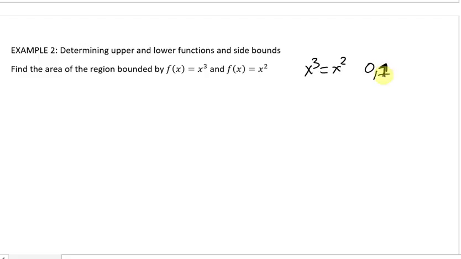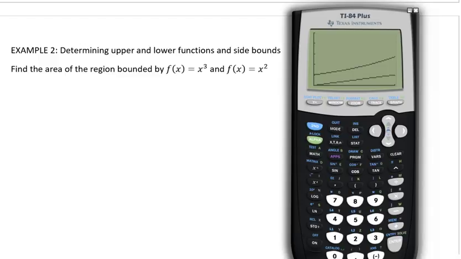Well, let's graph it, see what it looks like. So y equals x to the third, and then x squared right here. Okay, and then zoom 6, so we have a standard window.